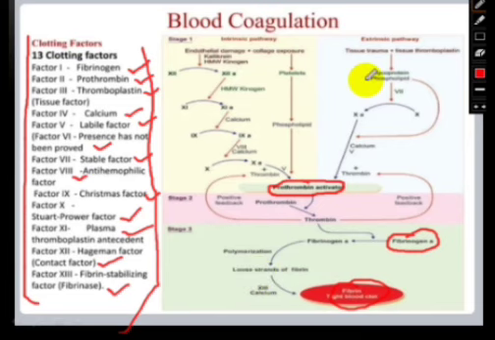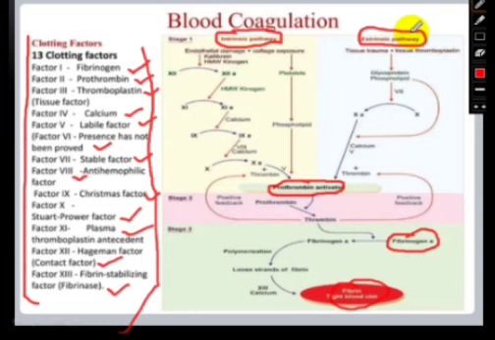There are 2 main pathways of blood coagulation. The first pathway is known as the intrinsic pathway, while the second pathway is known as the extrinsic pathway.